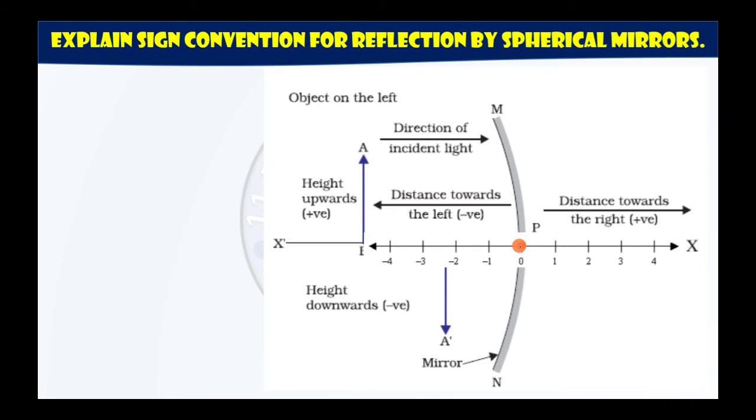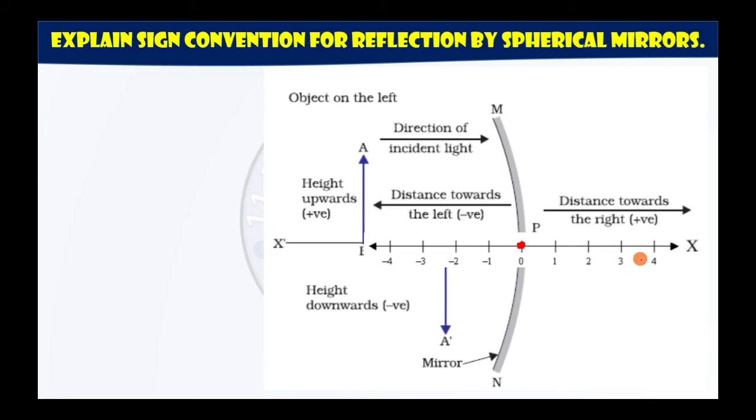When I measure from here to the left side, the distance will always be taken as negative. So all the distances measured on the left side of the mirror are taken as negative. Second rule, all the distances measured to the right side of the mirror will be taken as positive, because this is a number line. On the left side we have negative numbers, so the distance will be negative. On the right side we have positive numbers, so the distance will be positive.